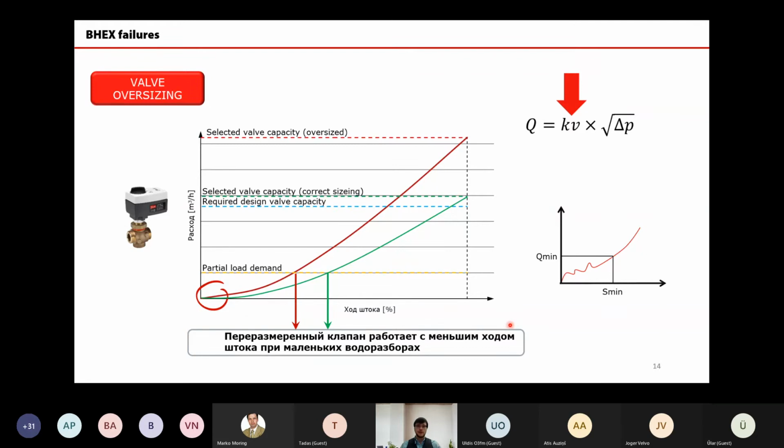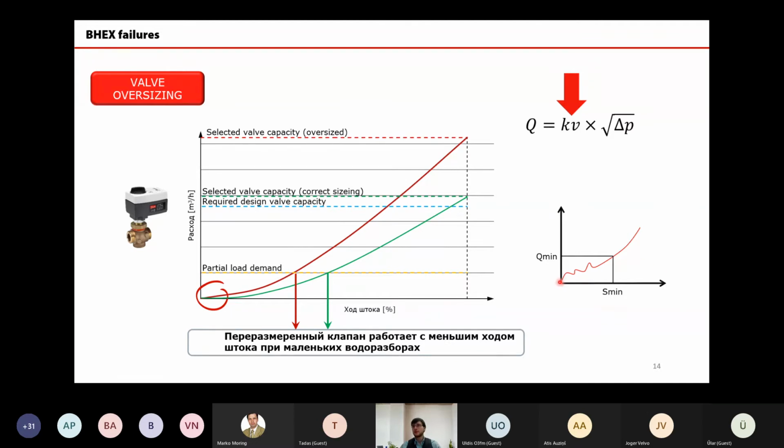It doesn't matter what actually is the main reason. Usually you have a little bit of surface margin, a little bit of oversized valve, but altogether it leads to the fact that in winter, especially in partial loads, I will work in the range of the valve which is basically opening and closing, or not completely opening and closing, but really pulsating the flow on the primary side.